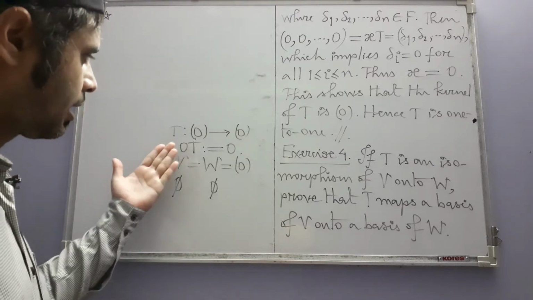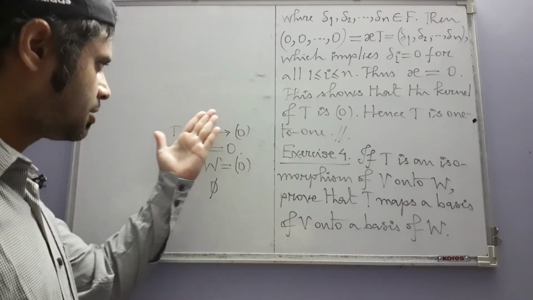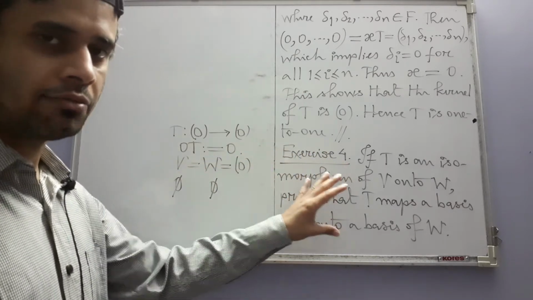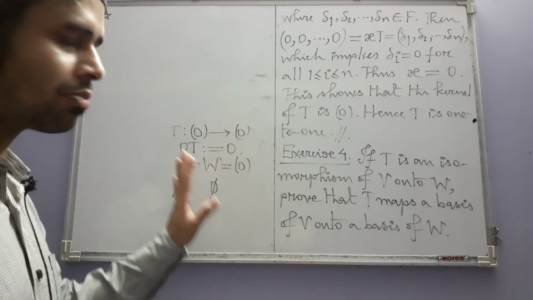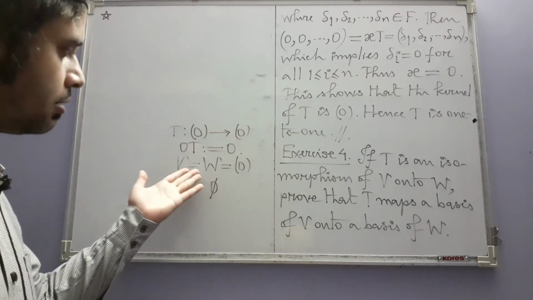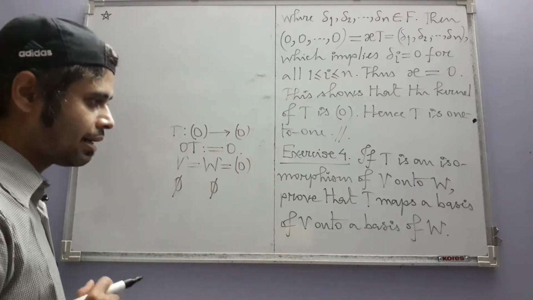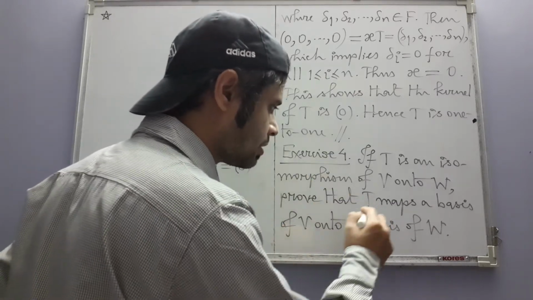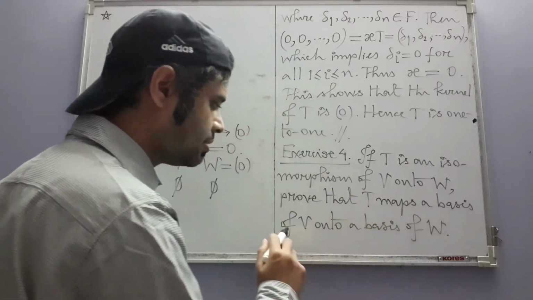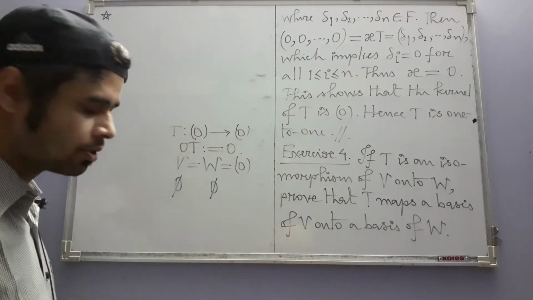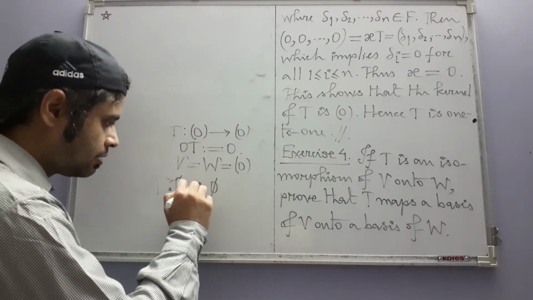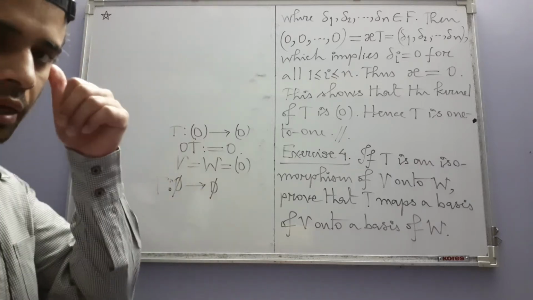In fact, it's an isomorphism of zero space onto zero space. Okay, so the hypotheses that we have here are actually true in this somewhat trivial case. However, what the exercise claims is that T maps a basis of V onto a basis of W. Namely, T maps the empty set onto the empty set.